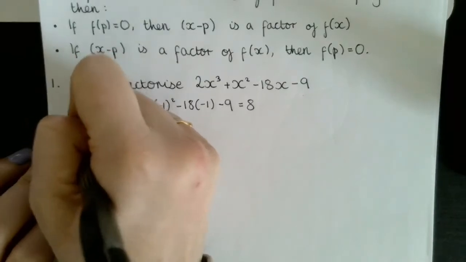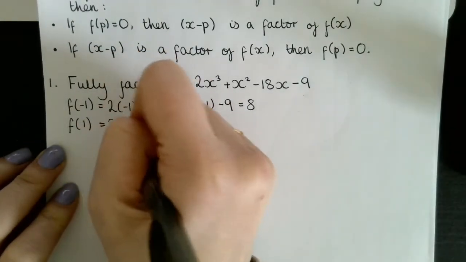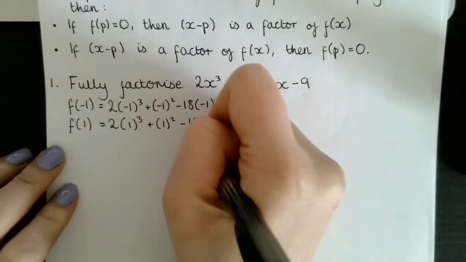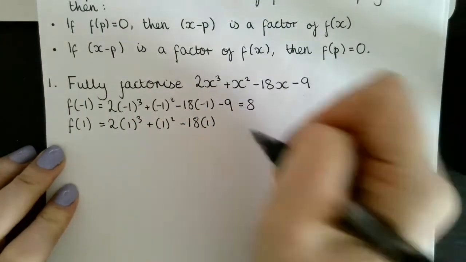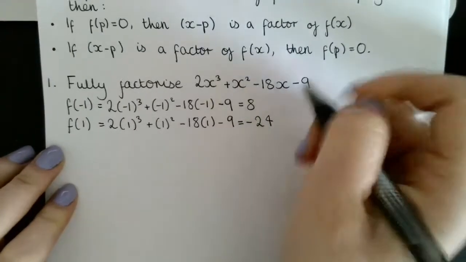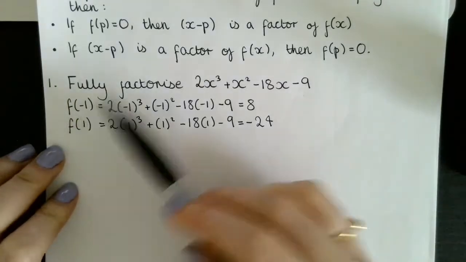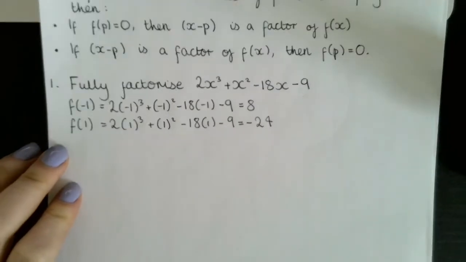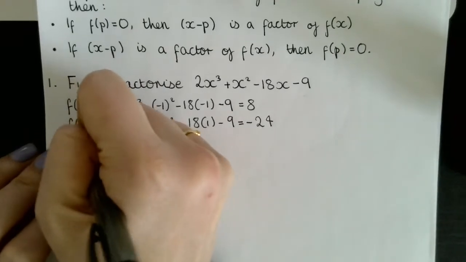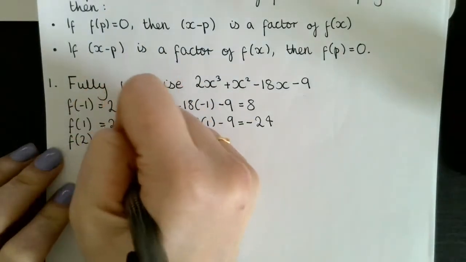If we try f of 1, we're doing 2 lots of 1 cubed plus 1 squared, subtract 18 times 1, subtract 9. That gives me negative 24, which is not equal to 0, so x minus 1 is not a factor of f of x. If I do f of 2, that gives me negative 25.